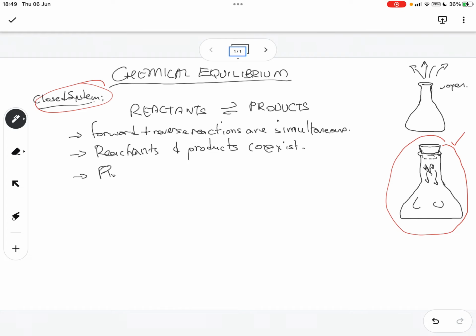And then thirdly, the rate of the forward reaction gradually decreases.